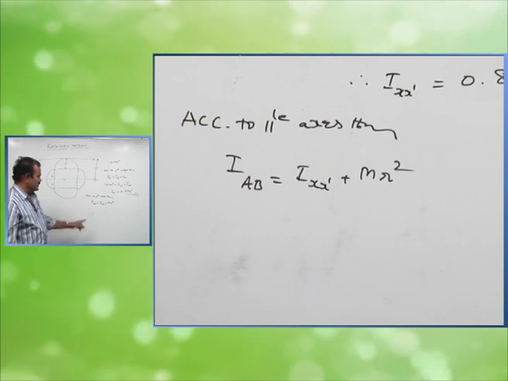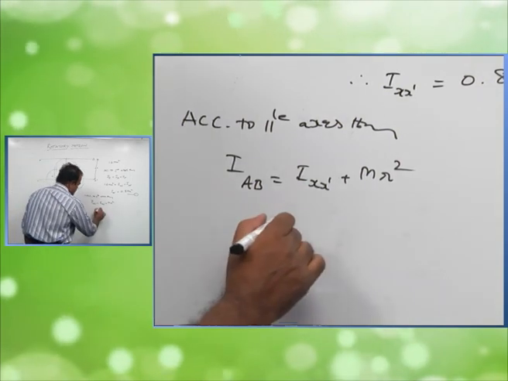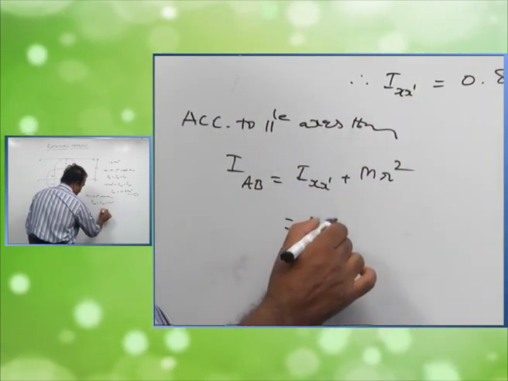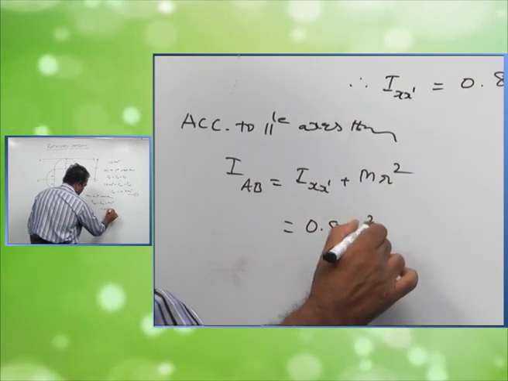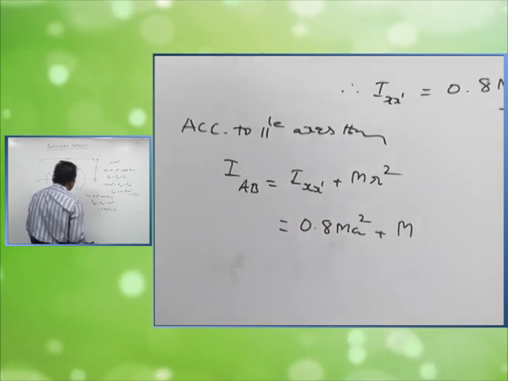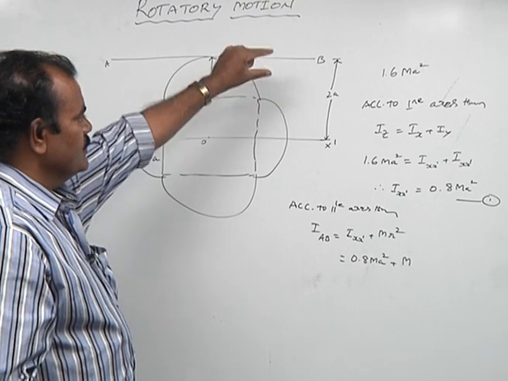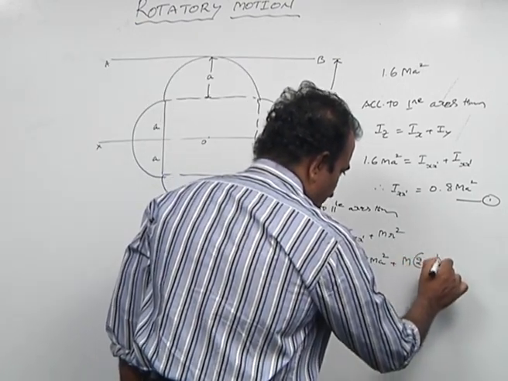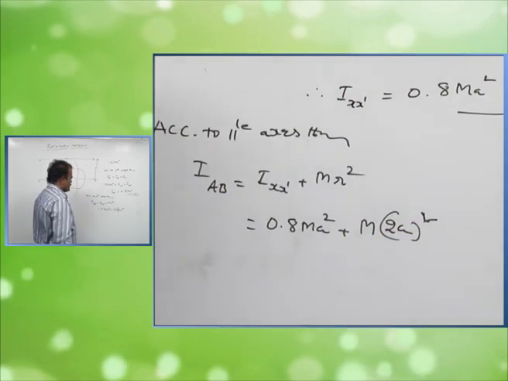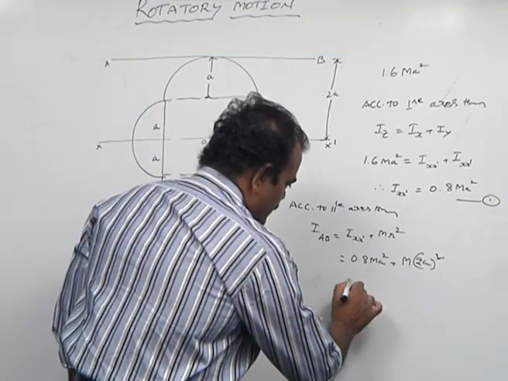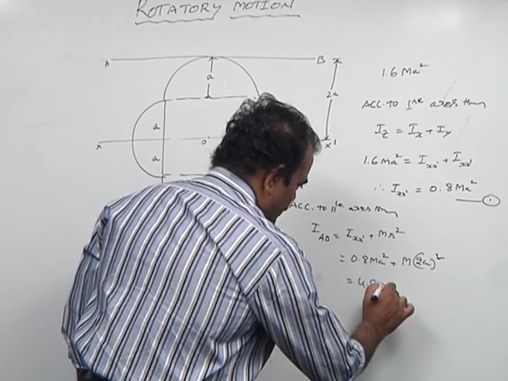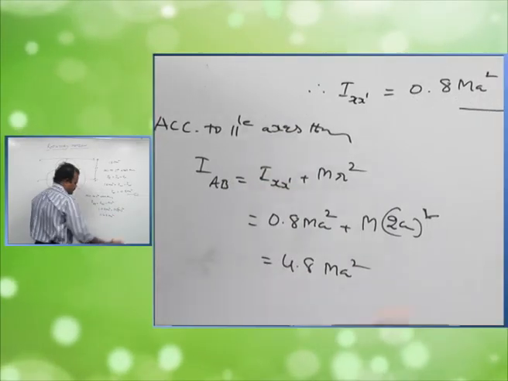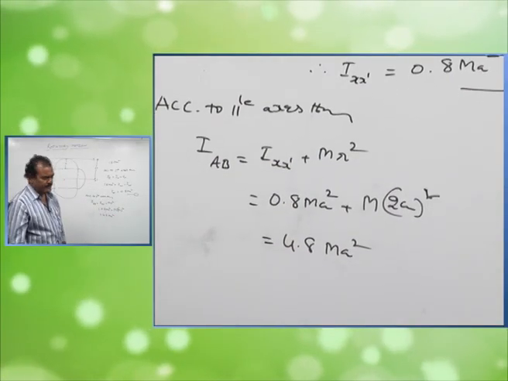Ixx dash is already known, 0.8 Ma square, plus M times the distance of separation 2a whole square, which becomes 4a square. Overall it becomes 4.8 Ma square, that is the answer.